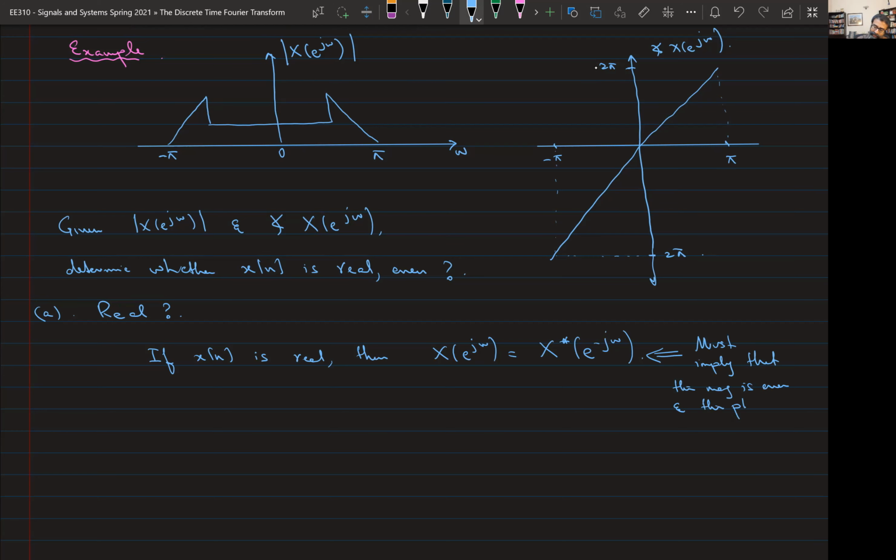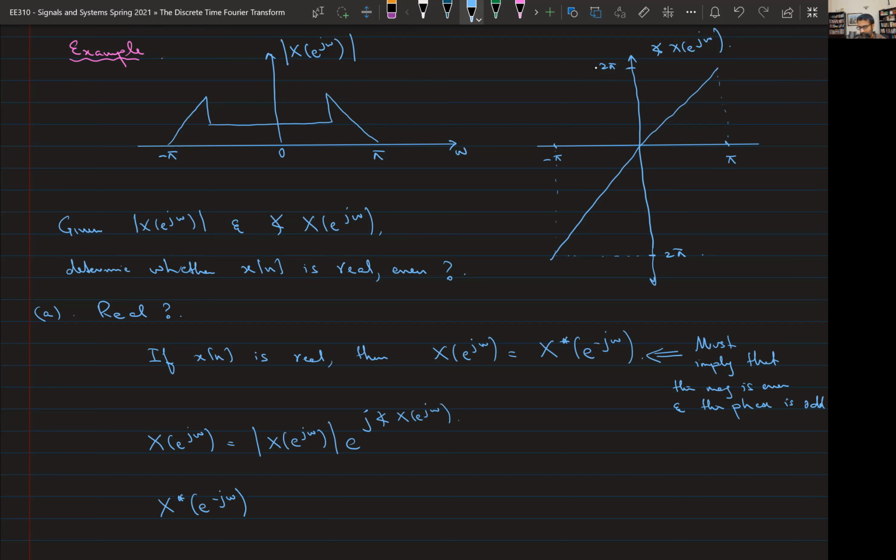It actually comes from here, right? And here's how. So if x of e raised by j omega is equal to the absolute value of x, and then there's the phase, which is e raised by j, and then the phase. And what about x conjugate of e raised to minus j omega?